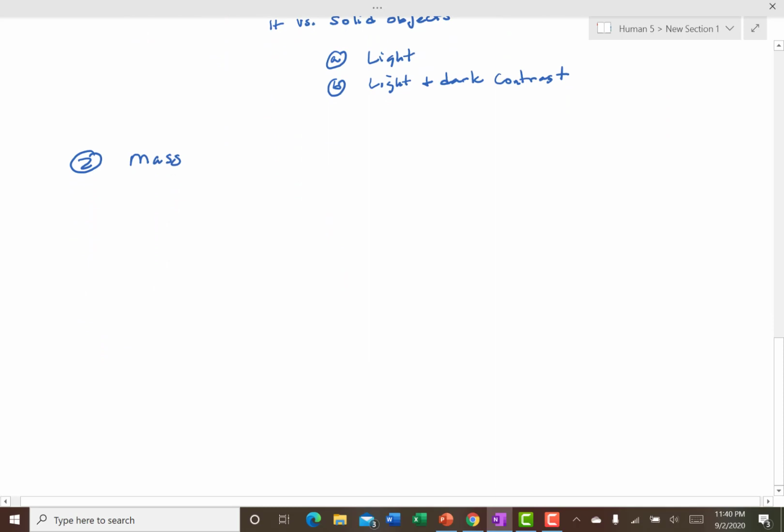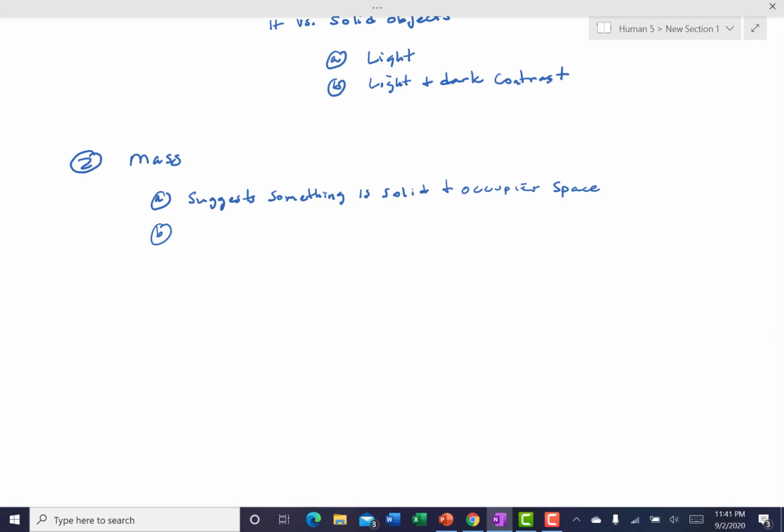Now, mass suggests that the artwork is solid, and it occupies space. It also is directly connected to this idea of weight.